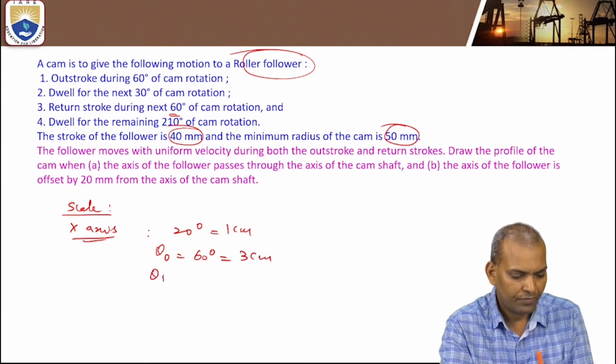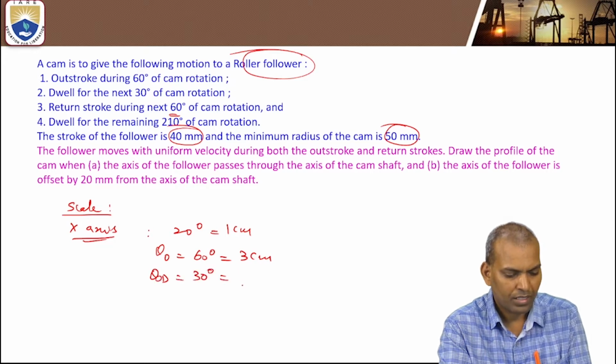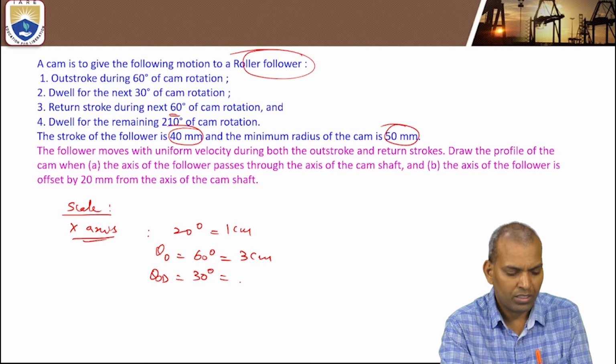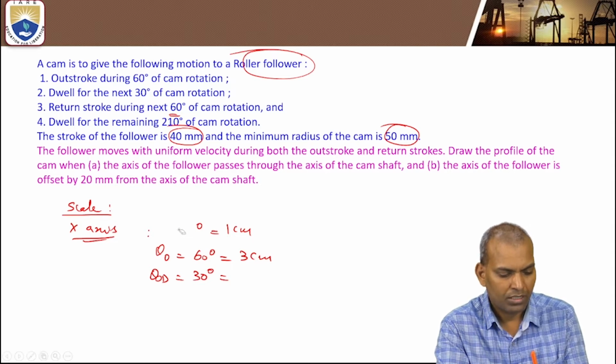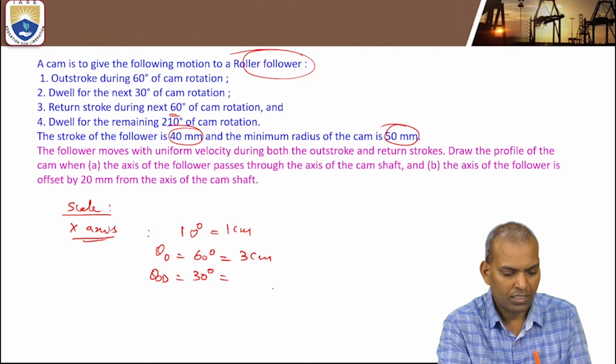And dwell during outstroke, that is 30 degrees, with 20 degrees equal to 1 centimeter, that is 3 centimeters. So better to increase to get more clarity, we are going to assume 10 degrees equal to 1 centimeter.